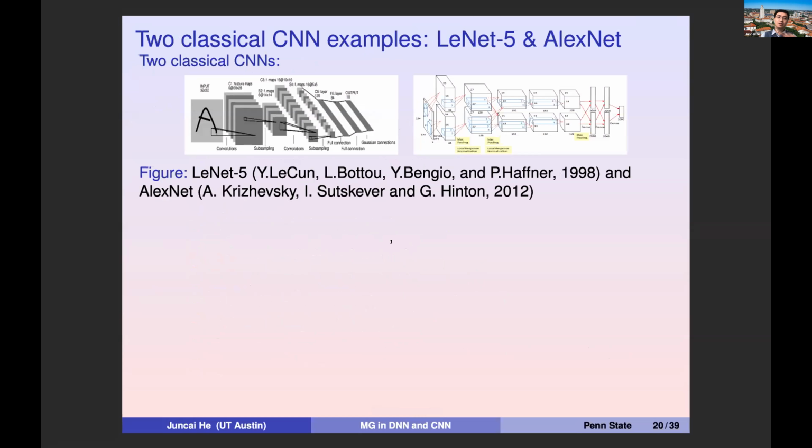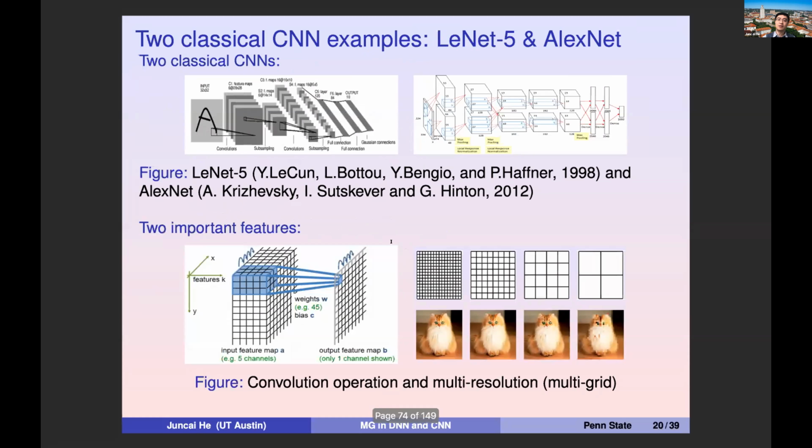But here, we recall two very classical examples, LeNet and AlexNet. So what's the key feature of this kind of CNN? In my opinion, especially for the image classification problem, there are two main features. Of course, one is that you have a convolution operation, a convolution with multi-channel.